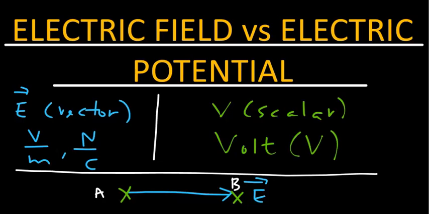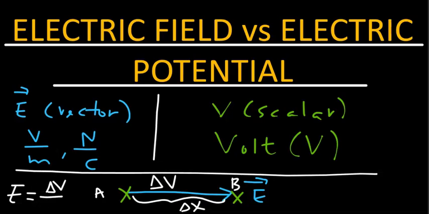So assume the potential gradient, which is just the difference in potential, is delta V, and the distance between them is delta x. So the magnitude of electric field is given by delta V over delta x.